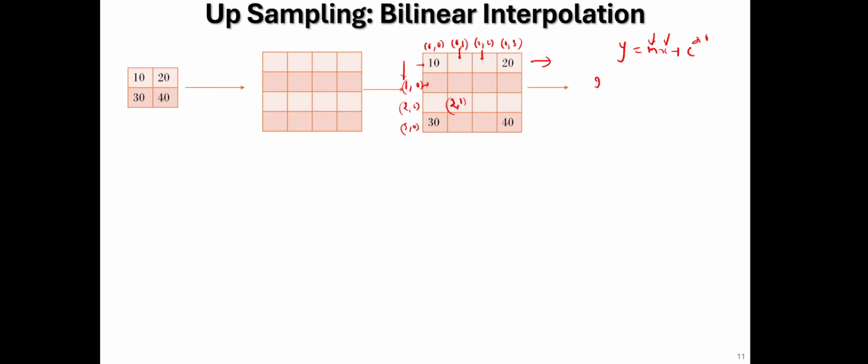The slope here is 20 minus 10, that's the value, divided by the corresponding varying value, which is 3 minus 0, right? So this will be 10 divided by 3, which is 3.333 repeating. So that means the slope is 3.33. So now if I want to find this value, you just need to consider this value plus whatever the change in slope is. So this will be 13.33 in that sense.